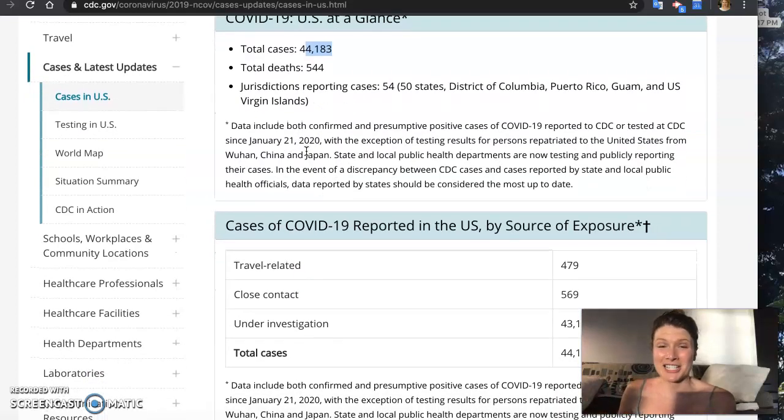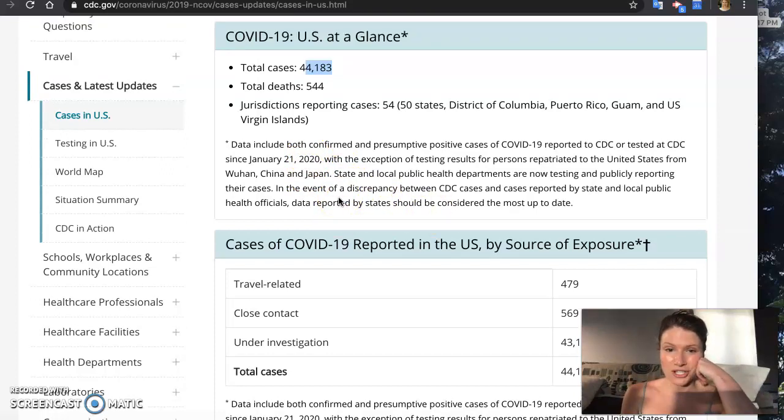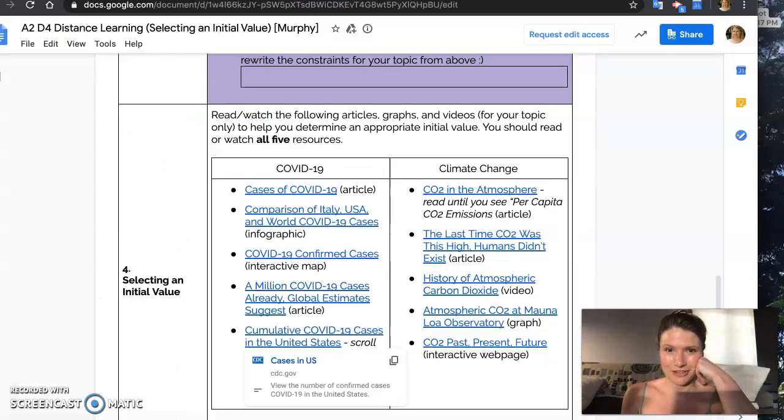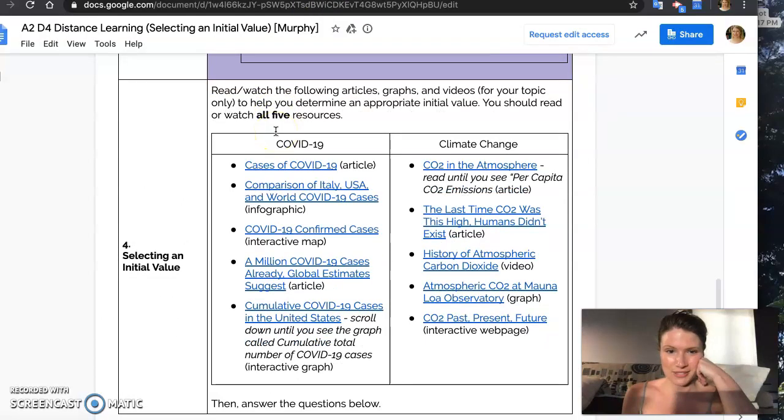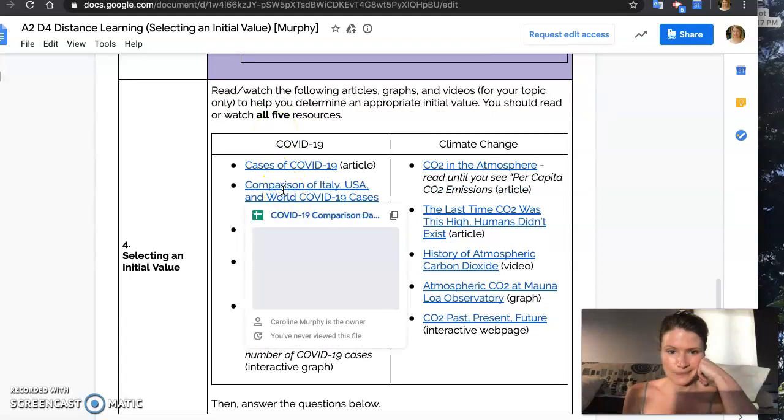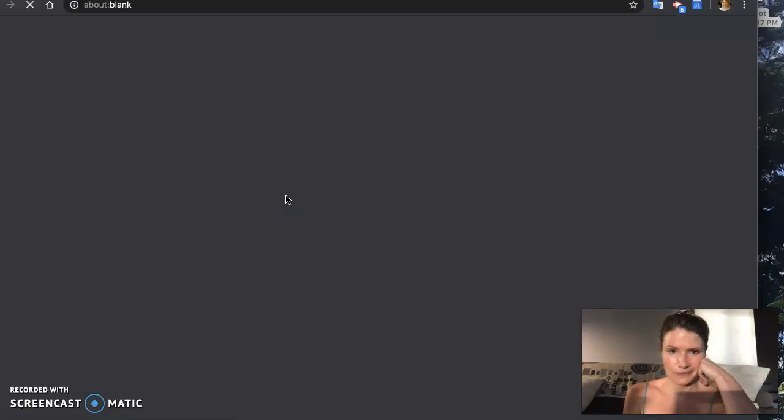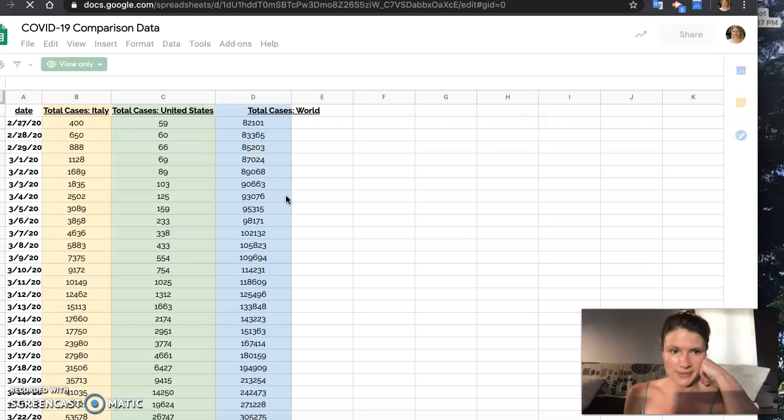And I'm already running into one of the same issues that you guys will probably run into as well, which is digging through all of these infographics and all of these articles to actually try to find a number that makes sense. So you'll find yourself doing this as well as you dig through some cases. How about this one?